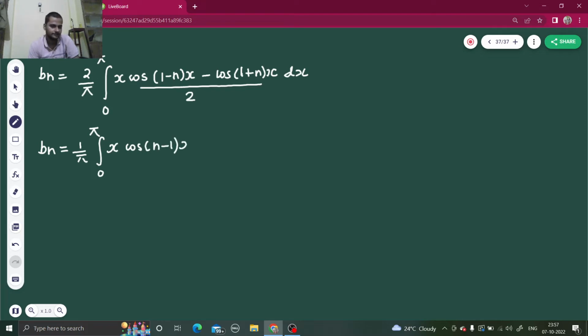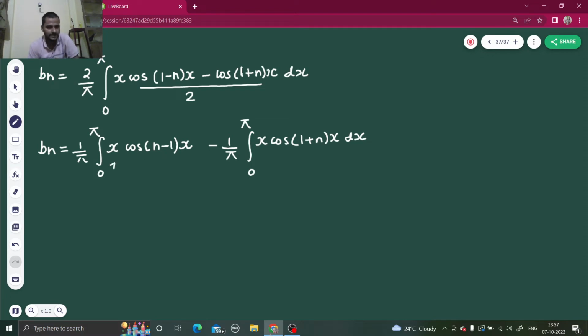minus 1 by pi integral 0 to pi x cos(1 plus n)x. Let's solve this one by one.